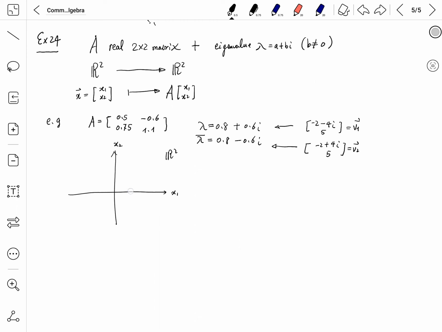You start with any x0, and then you apply this matrix multiplication A. If you keep tracking it, you will see that there is a kind of rotation, but not in the shape of a circle, but an ellipse. Can you explain this phenomenon?